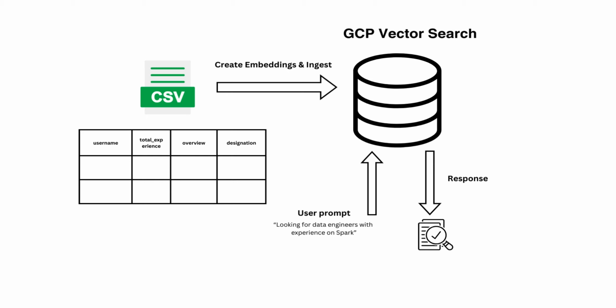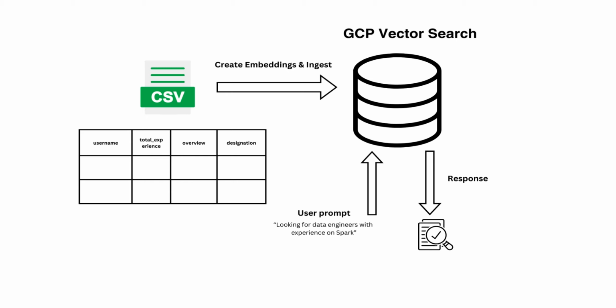Now, the idea is quite simple, but if you expand on it as per your requirements and use cases, it can be extremely powerful. Imagine a recruitment firm which receives tons of CVs. So, the idea here is to store all of this data into a vector data store, which in this case is Google's vector search, and then run a similarity search to get the most relevant results.